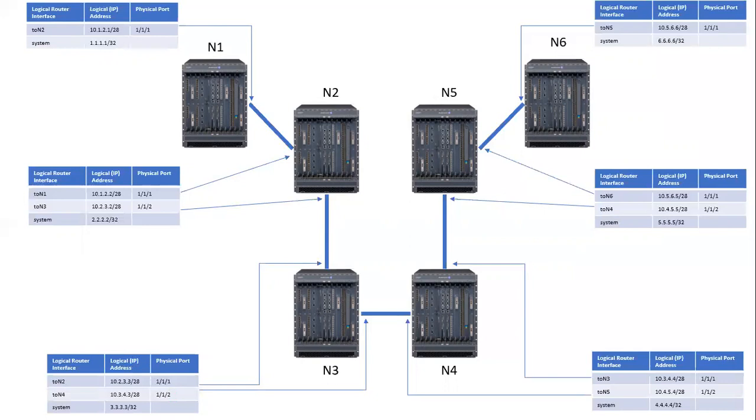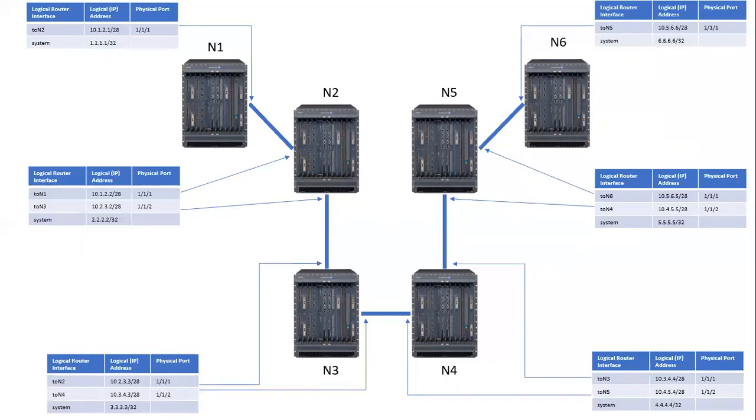So N6, its system address is going to be 6.6.6.6/32. And this is just to be able to easily identify these service routers, as well as easily establish any type of peerings within a particular protocol that we might need to establish.